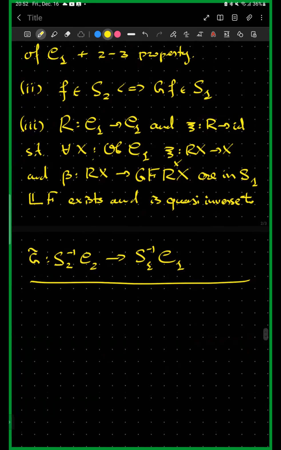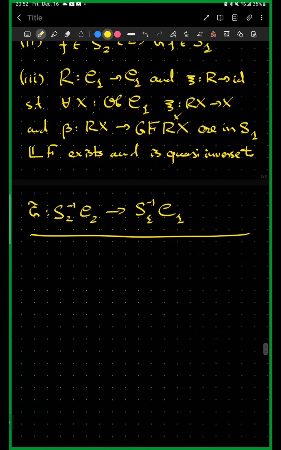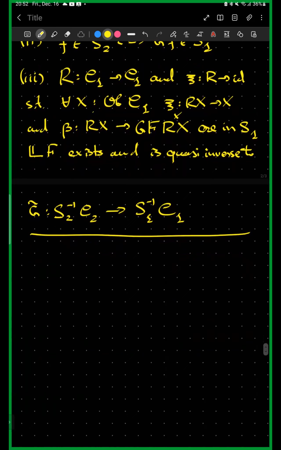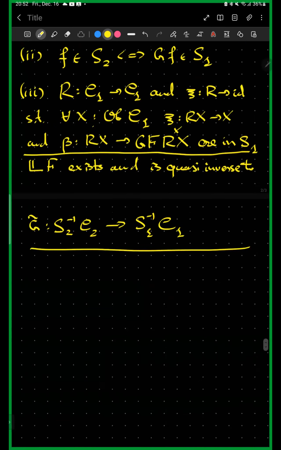So usually the most interesting part is the third condition of this proposition. And so we actually need to find this deformation for each of the categories.